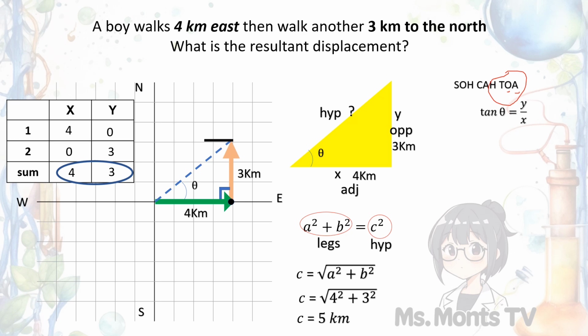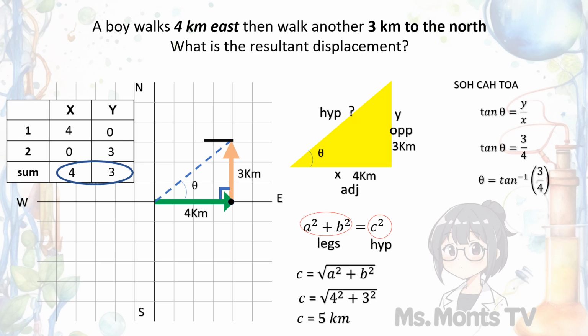So tangent theta is, based on our drawing, the opposite is y and the adjacent is x. So tangent theta equals 3 over 4.